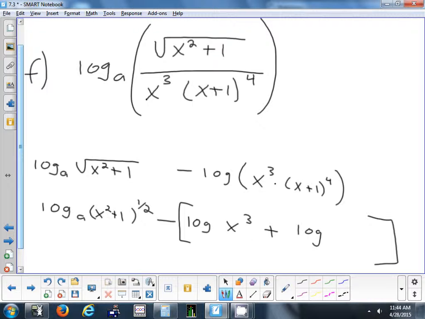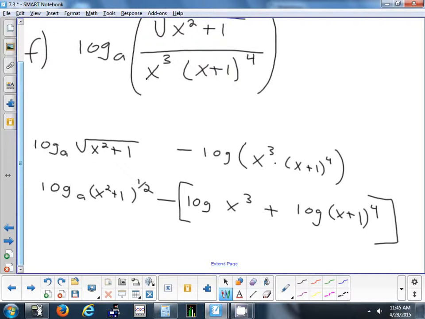X cubed. This is almost done except the 3. We have to do something with it, and we'll do that in the last step. Okay. Next part is x plus 1 to the 4th. Okay, the reason I put these brackets around it is because you're subtracting everything that's in those brackets. Okay. If I didn't put a bracket around it, I wouldn't be subtracting the second one as well. Okay, you're subtracting that whole thing.